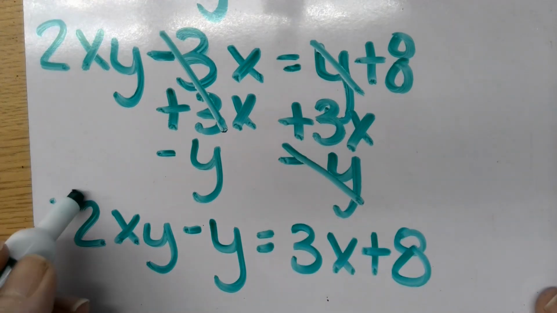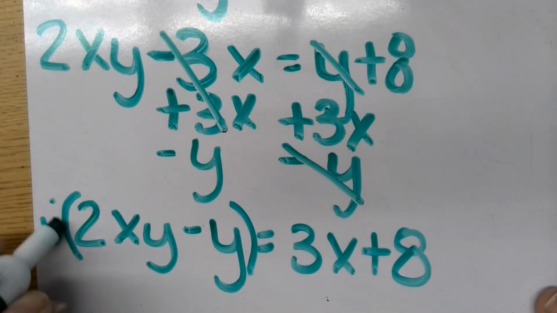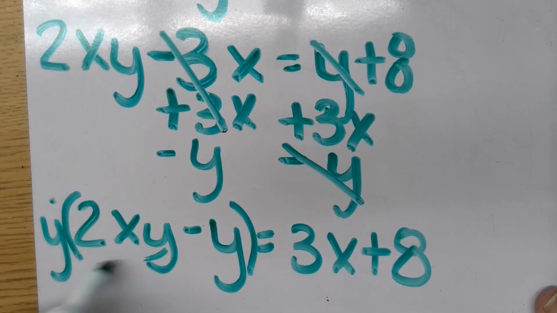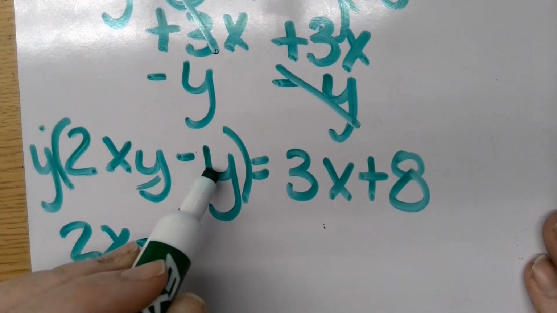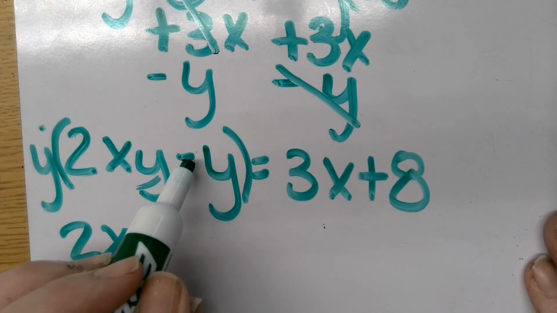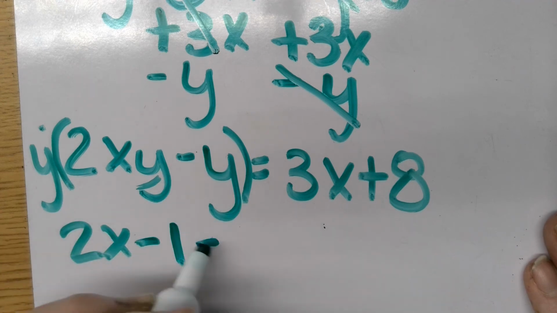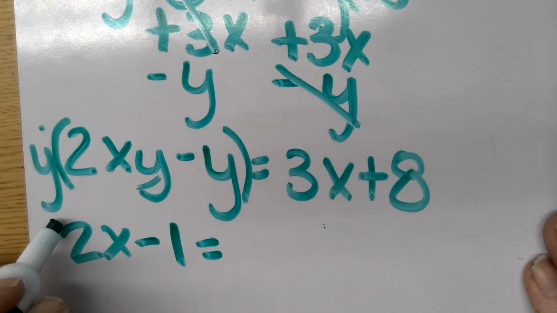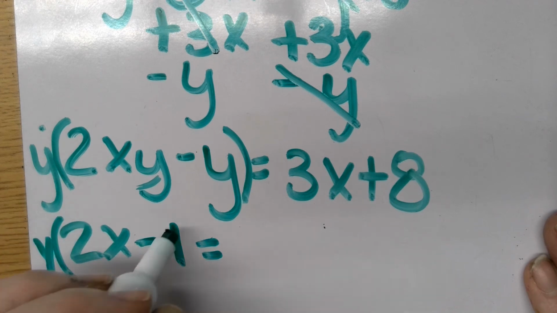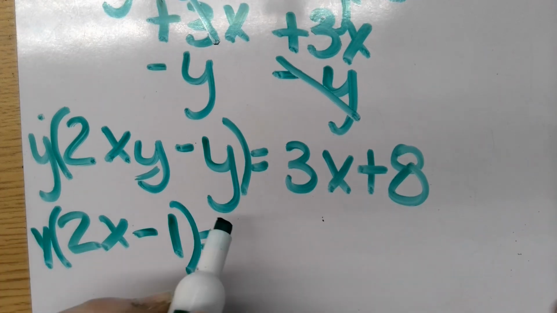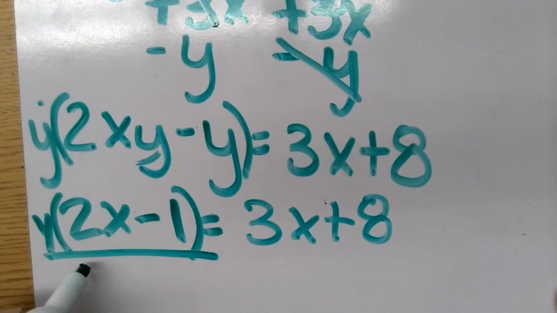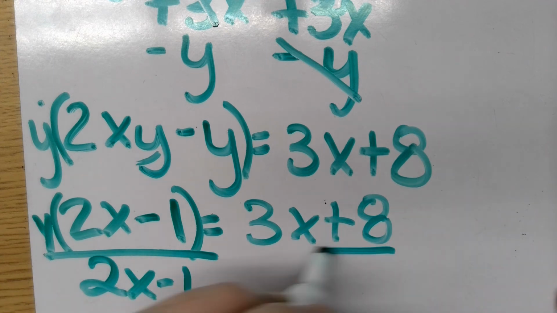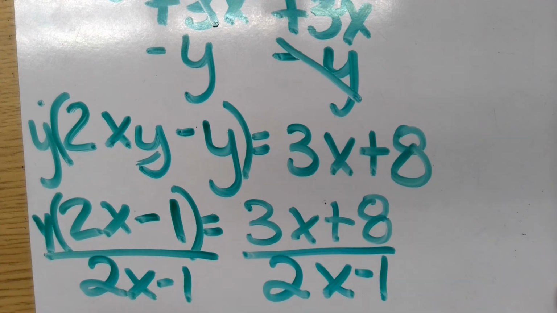Isolate that y over here, get it outside. So you're going to pull it out. I'm going to be left with 2x minus, well, y, I pulled that out, so I'm going to have a negative 1 here, equals 3x plus 8. Put my y out there because I pulled that out. Divide both sides by that 2x minus 1.